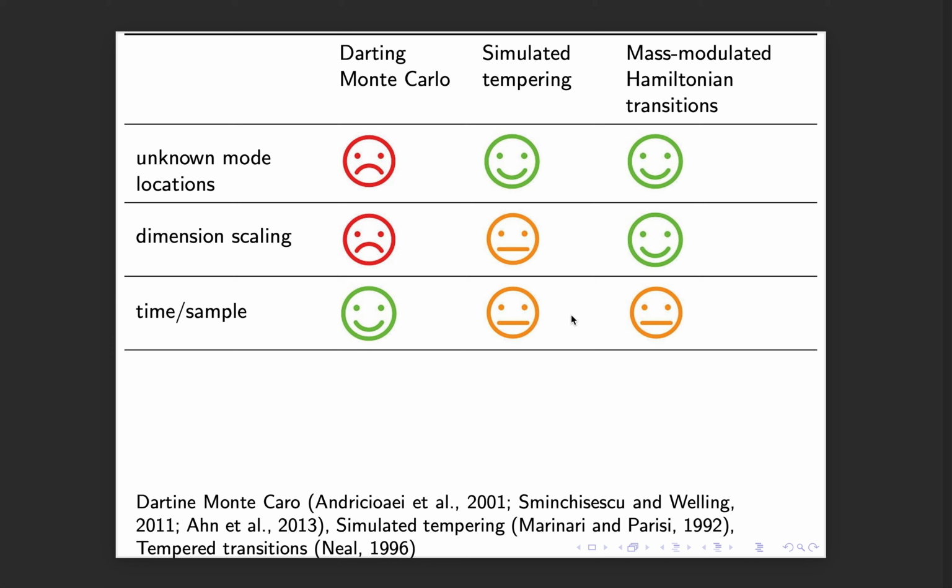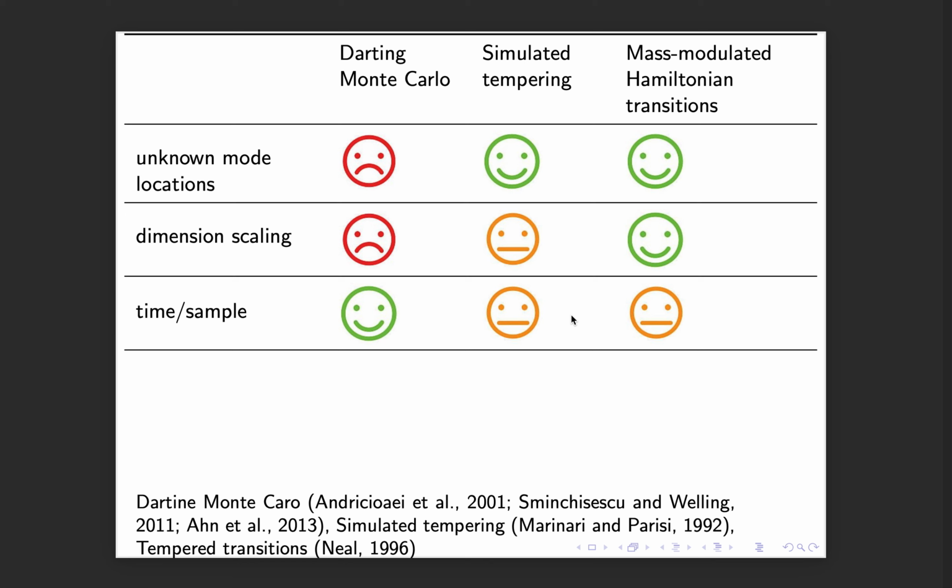In terms of the time required to obtain a sample point, darting Monte Carlo has the advantage over the other two methods because the jump is attempted by a direct proposal made by an independence Metropolis-Hastings sampler.